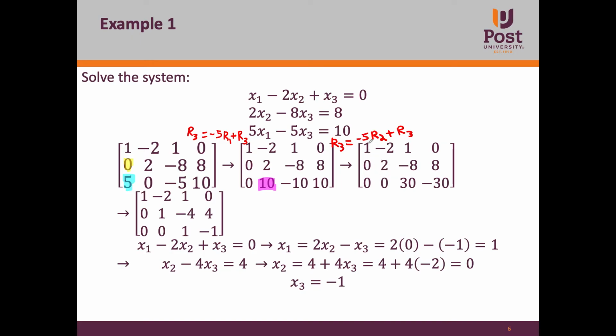So we're going to take 1/2 and multiply it by the second row. And in this bottom row, we have 30s. Again, to make this 30 here be a 1, we can multiply that third row by 1/30th.